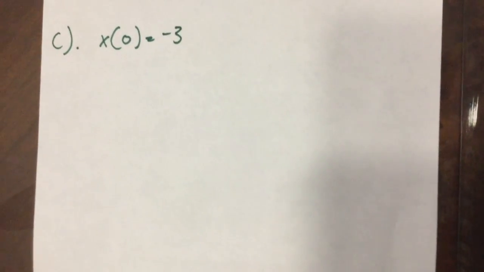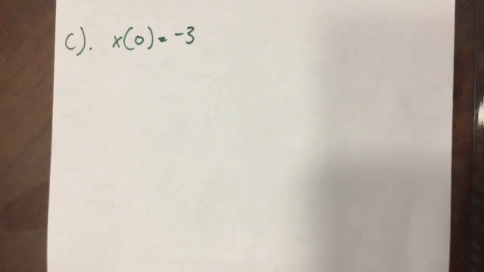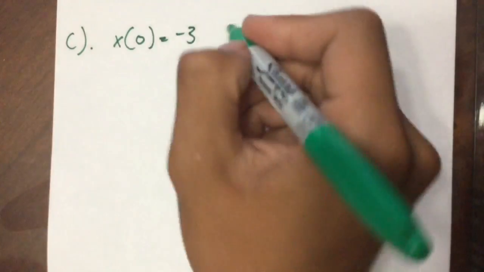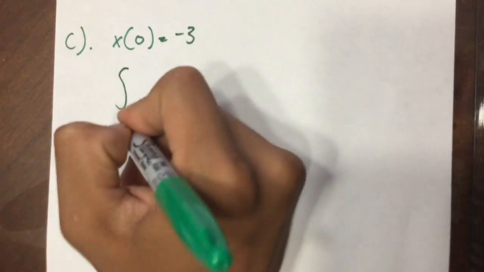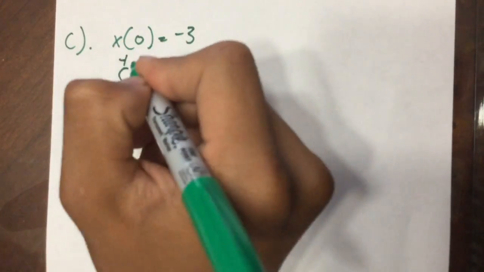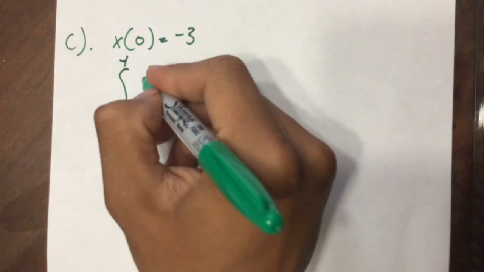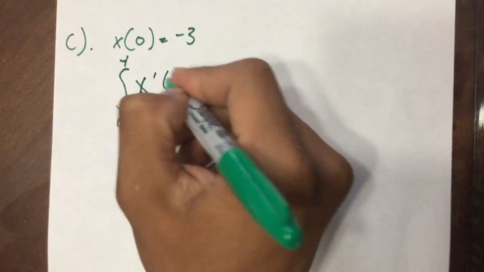So part C asks us to find x of 4. So x of 4 is the value at t equals 4. You start with your starting point, x of 0 is equal to -3. To find the position at t equals 4, you need to set up an integral, from 0 to 4 of x prime of t.